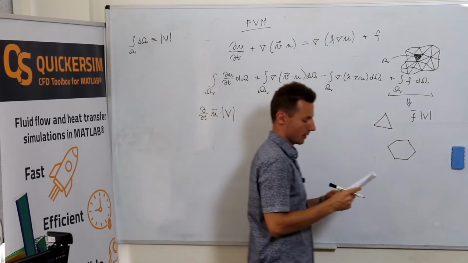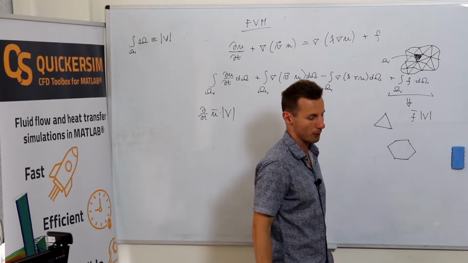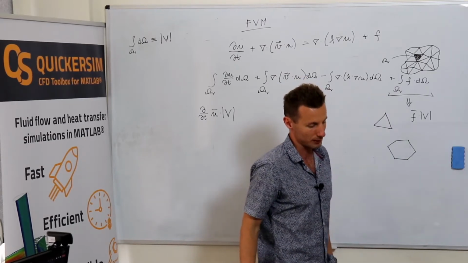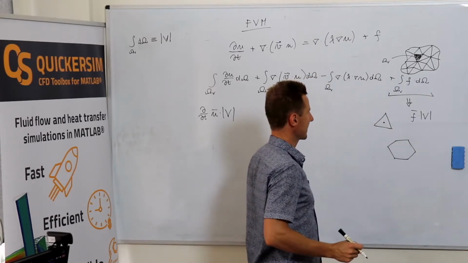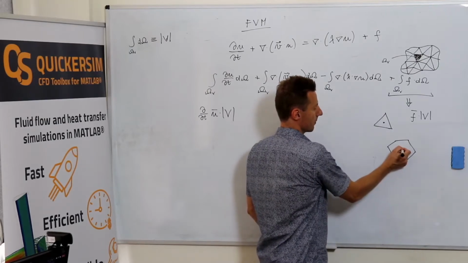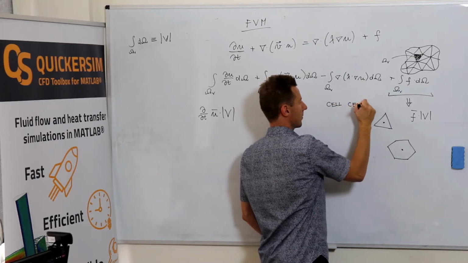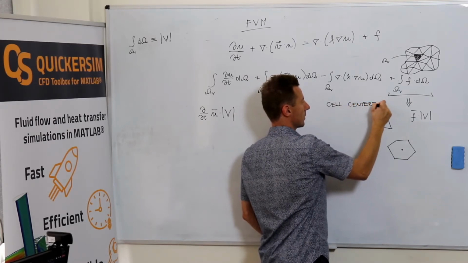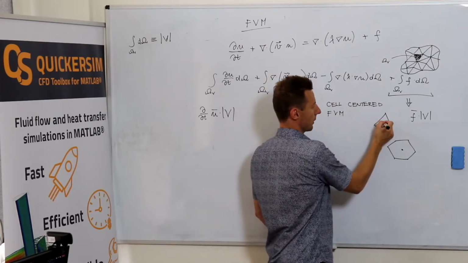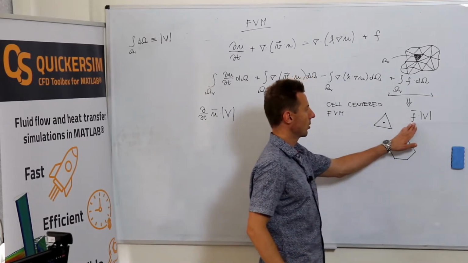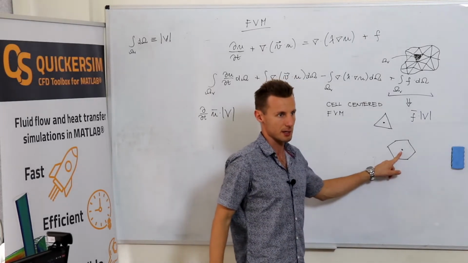Some notions. Generally, there are two types of finite volume method. Let me start with one of them without explaining the other one right now. We will be focusing on the cell-centered finite volume method, which assumes that we are representing all these average quantities at the centroids of the cells.